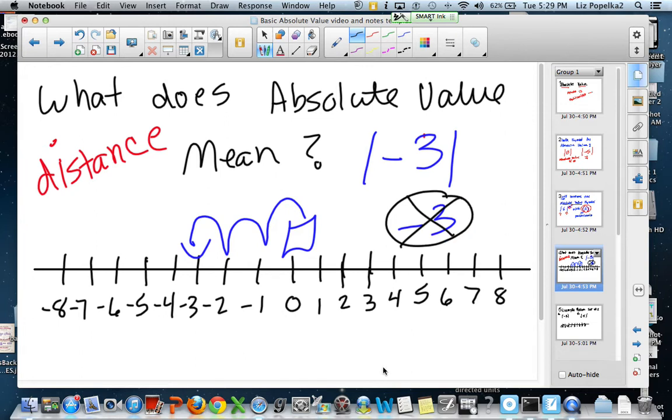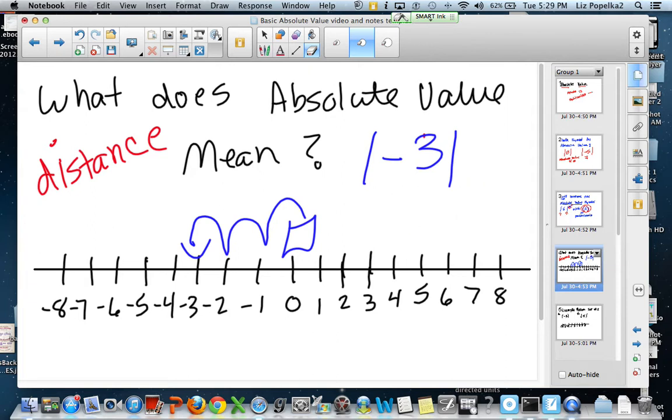Just like when you're walking backwards, that's not really walking in a negative direction. Okay, technically some people might say it's a negative direction, but you can't walk negative feet, you can't walk negative inches, you can't walk negative miles. So to go from 0 to negative 3, you're still taking 1, 2, 3 positive steps. So the absolute value of negative 3 is still going to be a 3. It is not going to be a negative 3.